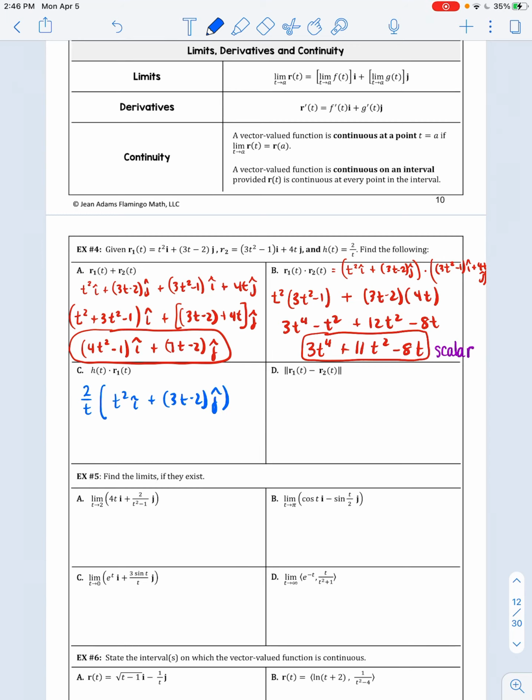And so what we do on this one is we're just going to distribute and multiply, giving us 2t i plus, and when I distribute here, I get 6, because my t's would cancel on that first distribution, and then minus 4 over t j.